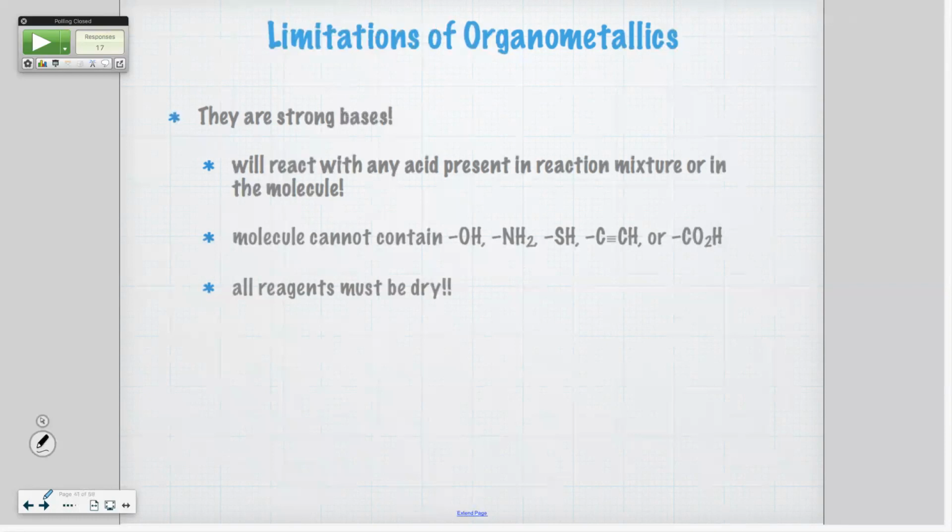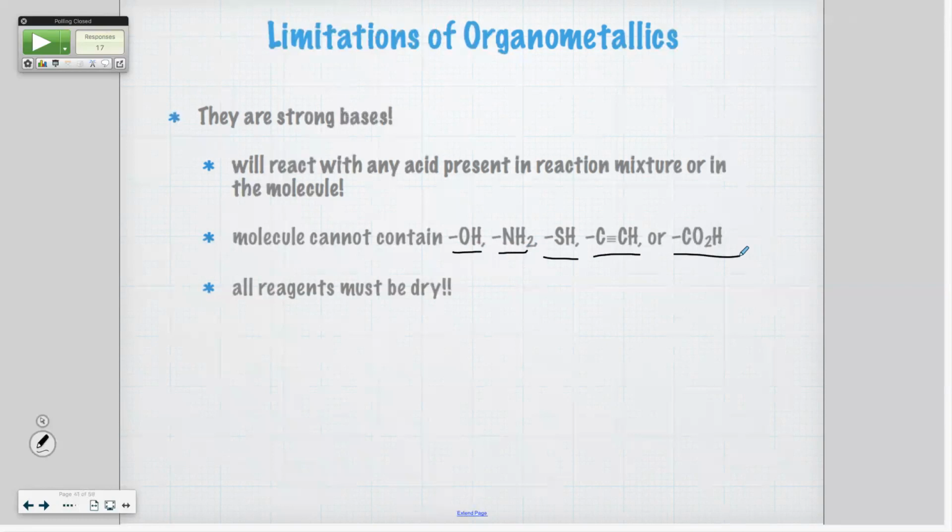Which is good because then that kind of cleans it up for you. But anything that has any kind of an acidic hydrogen on it, even if it's a weakly acidic hydrogen, cannot be present in your molecule. So you can't have an OH, an NH2, an SH, an acetylenic hydrogen, or a carboxylic acid. None of those can be in your molecule.